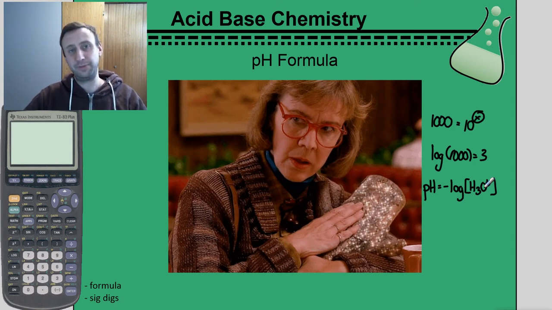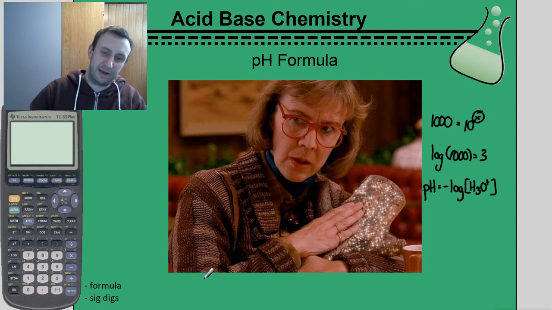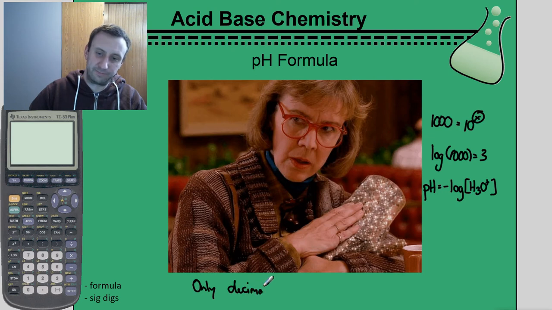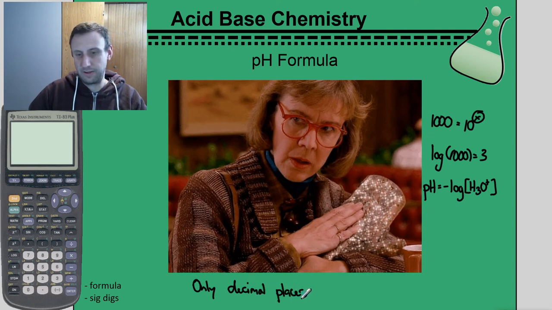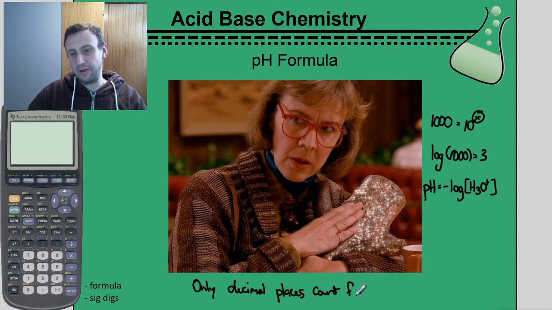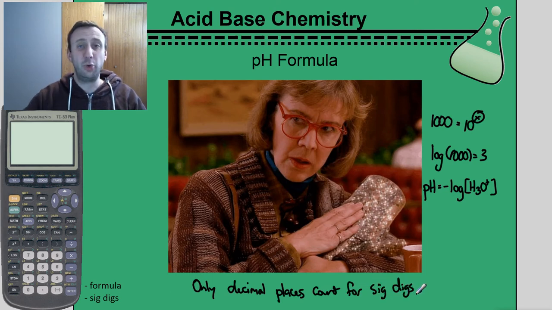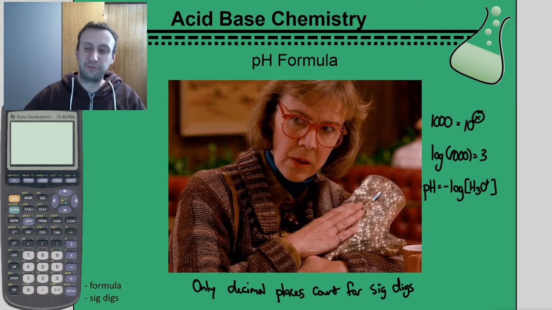Now the sig digs for pH values are very interesting in that for pH values, only the decimal places count for sig digs. And this is only for the pH or later on the pOH values. This doesn't apply to concentrations, right? It applies for pH and pOH.